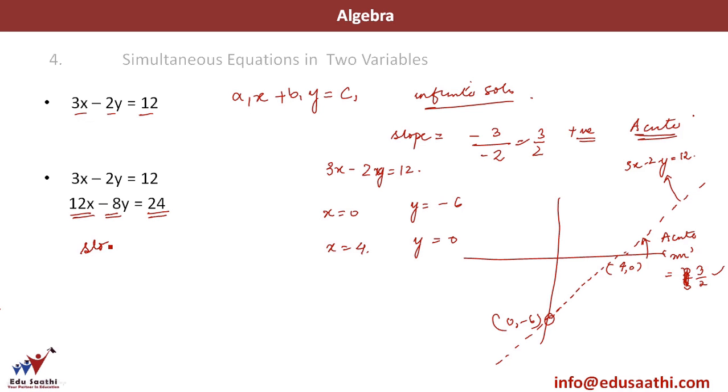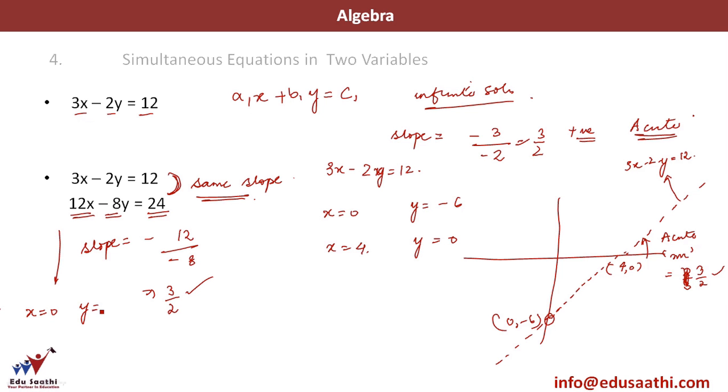If I again look at the slope of this line, which is minus coefficient of x over coefficient of y, it is again coming out to be 3 by 2. So the slope of these two lines is coming out to be the same. If I try to draw the graph also here, I put x equal to 0.